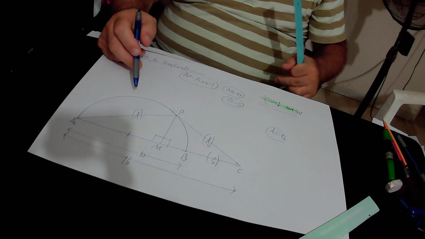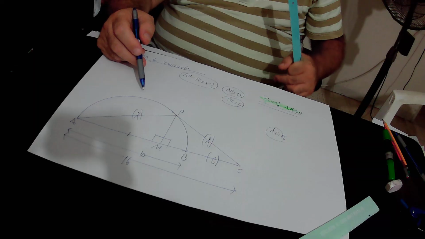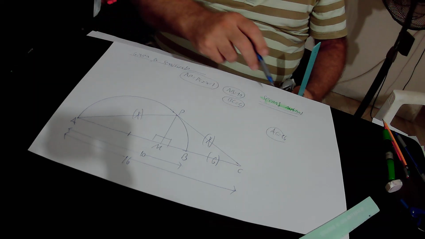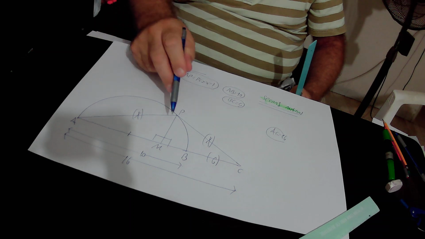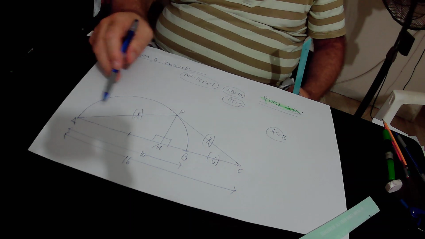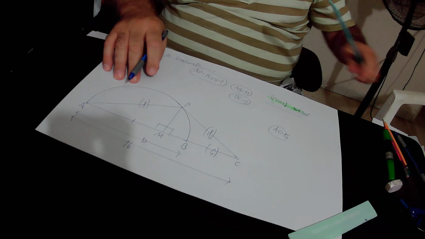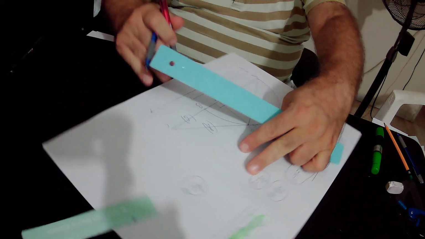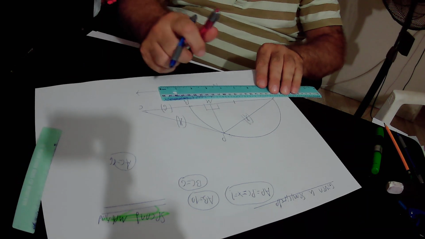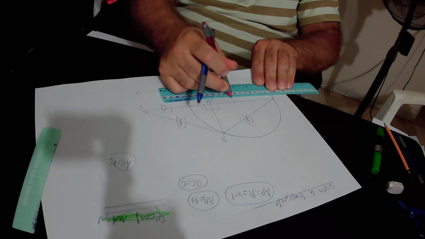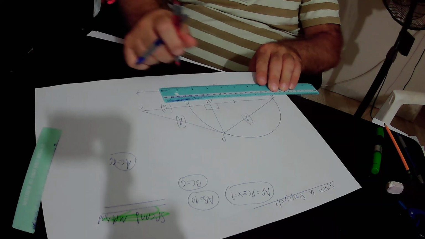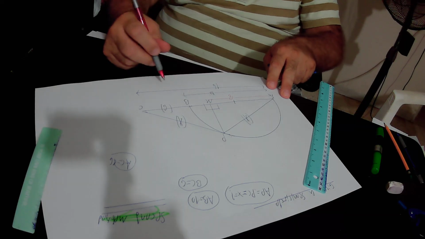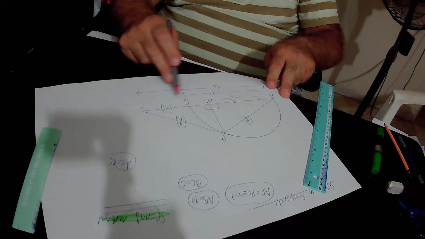That is to say, it divides it into equal halves. If AC is 16, the first half will be 16 over 2, that is 8. So the first half AM is 8, and the second half MC is also 8.